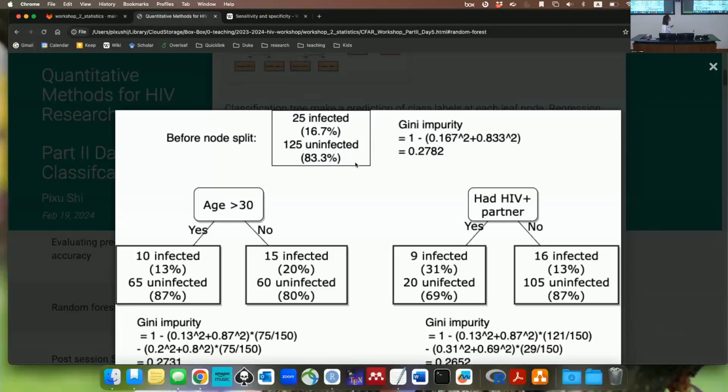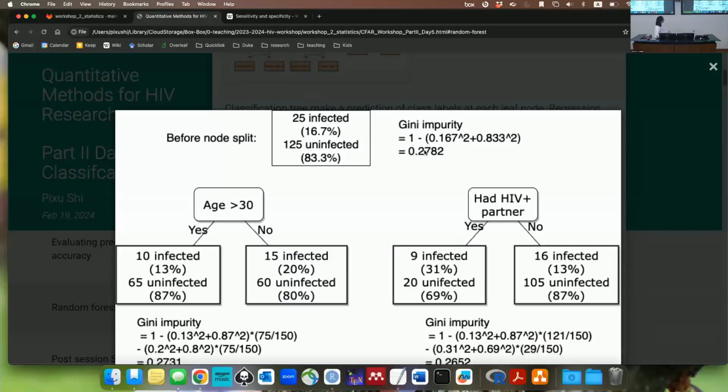So this is going to be a different number if you have a different distribution of the infected and uninfected. So here we have 16% and 83%, and the Gini impurity is this number.